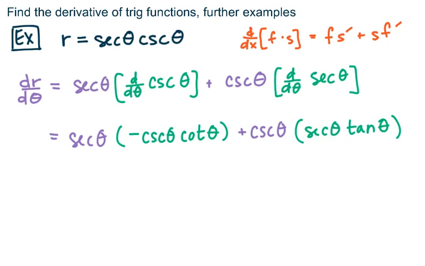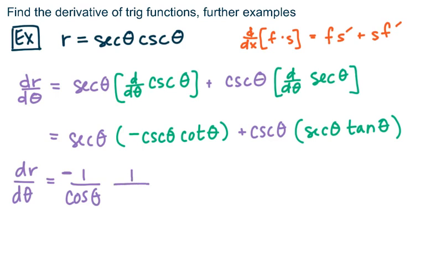At this point, we are completely done taking derivatives. We do have a lot of reciprocal functions here, and we need to clean this up. Probably one of the easier things for us to do here would be to turn everything into sine and cosine. So, the derivative of r with respect to theta is still what we have. Secant is 1 over cosine theta. I'm going to move that negative just into the front here.